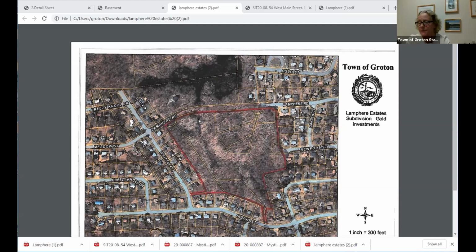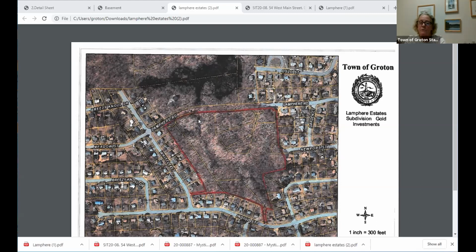As you know, a subdivision is considered expired when there's a failure to complete all work within the time allowed by statute, provided the Planning and Zoning Commission files a notice of expiration in land records. That is the subject of this hearing tonight, whether or not to file that expiration on land records.